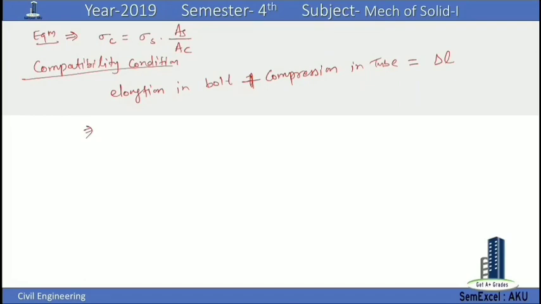Now we know the formula for elongation. It is equal to PL by AE. We know delta is equal to PL by AE.